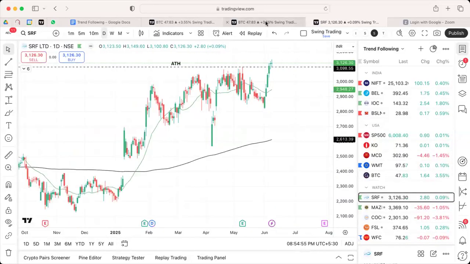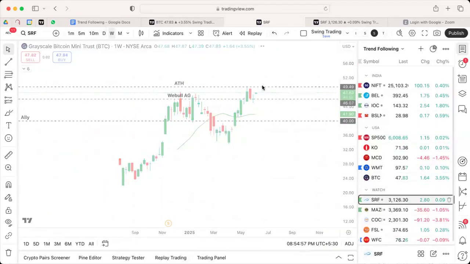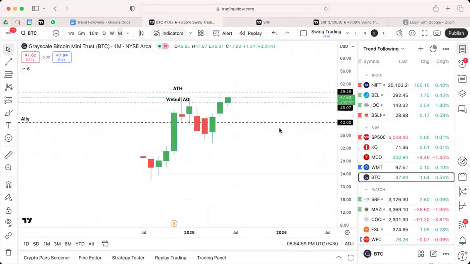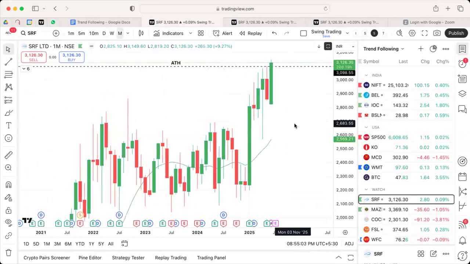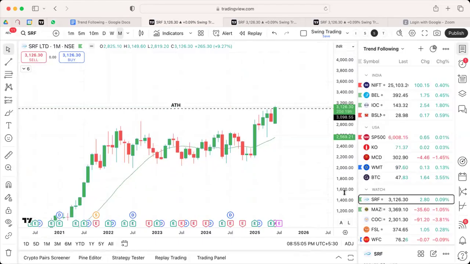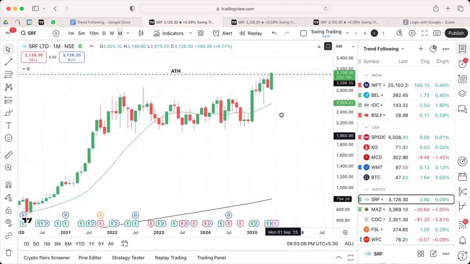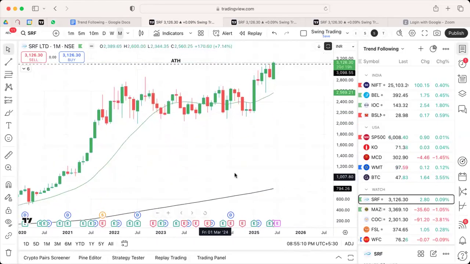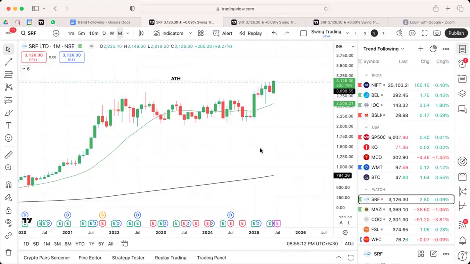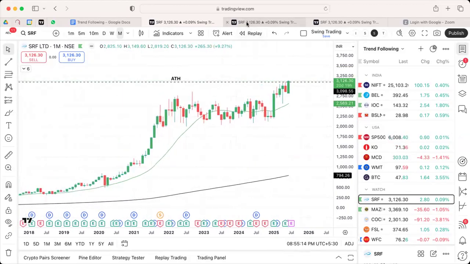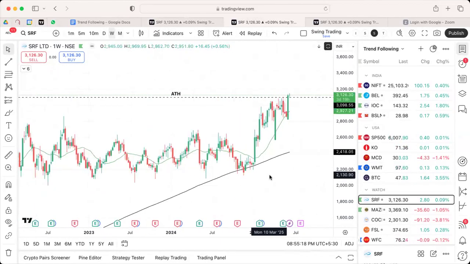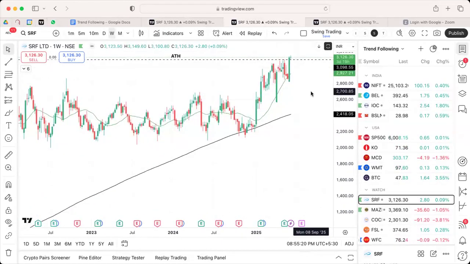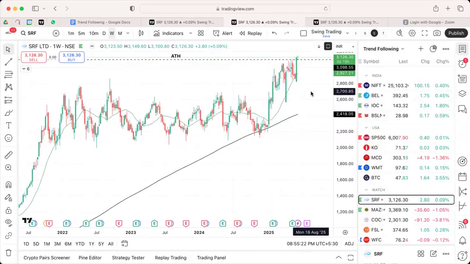Okay, here is SRF. That's the daily, the weekly, and the monthly chart of SRF. So here's the monthly chart, we'll begin with that one, and you'll notice that on the SRF, the 20 is above the 200. Not the monthly, this is the weekly chart.